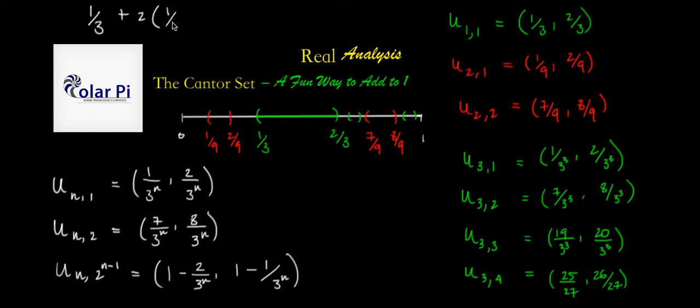So 1/9, and then plus, well, these green guys, I didn't finish drawing all of them, the ones on this left end, but there's one there, there's one there. So these guys, they're each of length 1 over 27, but there's 4 of them. So 4 times 1 over 27. And then it's easy to imagine that the next guys are going to be 8 times 1 over 81.